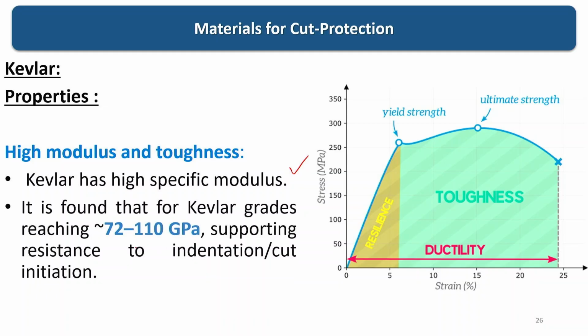Kevlar grades are found reaching from 72 to 110 gigapascal, supporting resistance to indentation or cut initiation. So, it will resist the cut initiation, that is important.